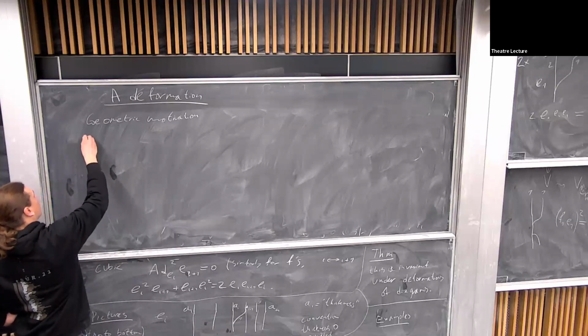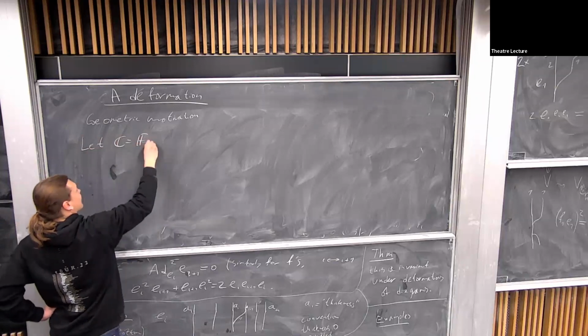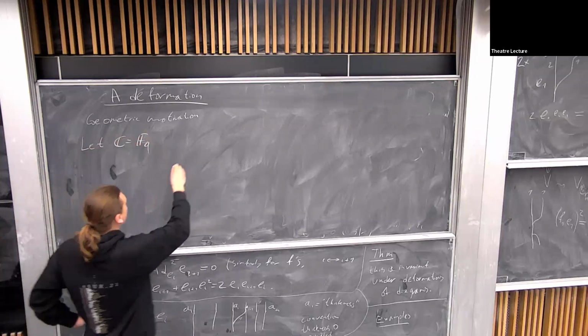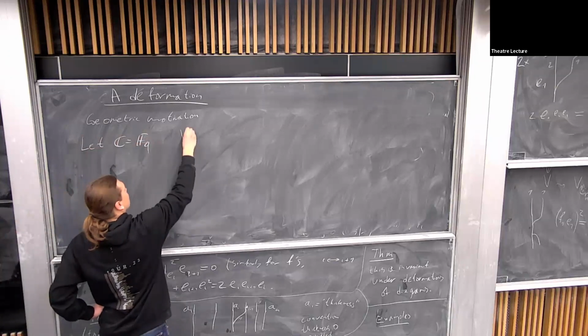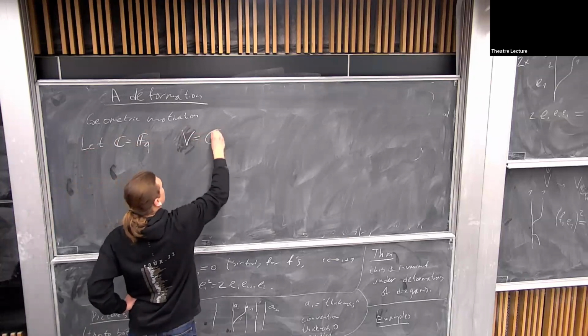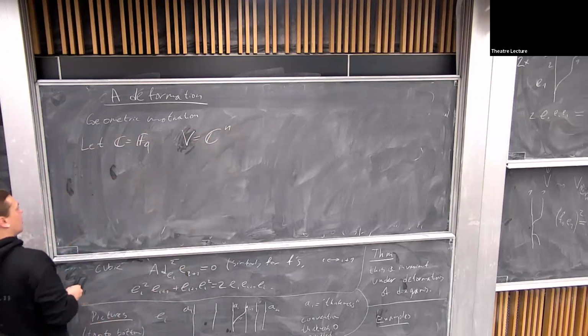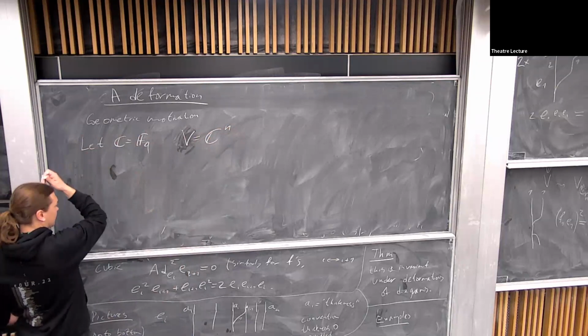So let's consider C, let F be Fq. V stands for C to the N. This is just a vector space, and then we are going to look at flags.